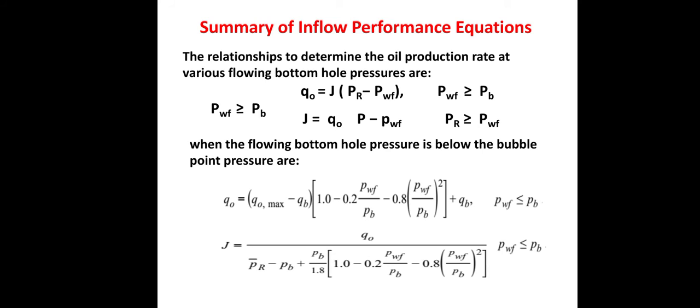We also have J equals Q naught over P minus PWF. Keep in mind that P is the average reservoir pressure. When the flowing bottom hole pressure is below the bubble point pressure, you have the Vogel equations.